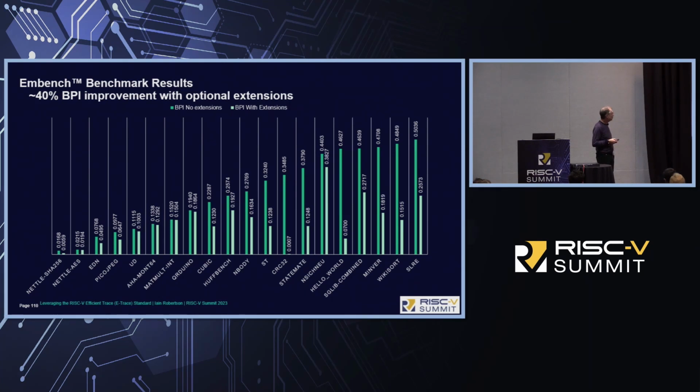And overall, there's an improvement here of about 40% in the bits per instruction. Although it varies, it's always better, but sometimes not by much. And then you get cases where it's a lot better, in some cases, extremely a lot better.